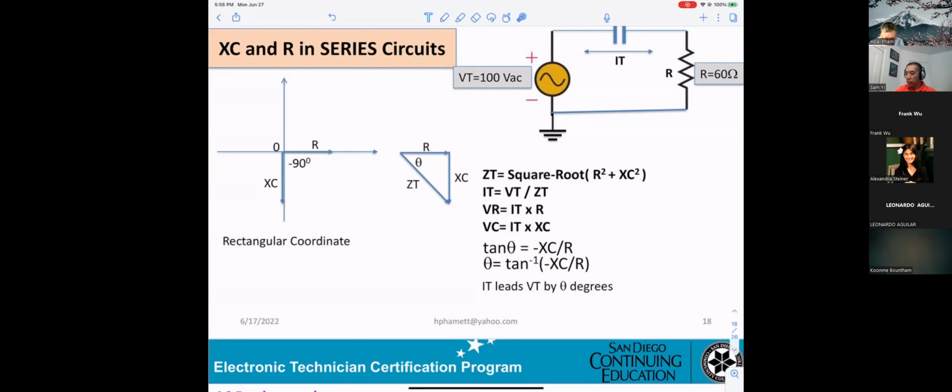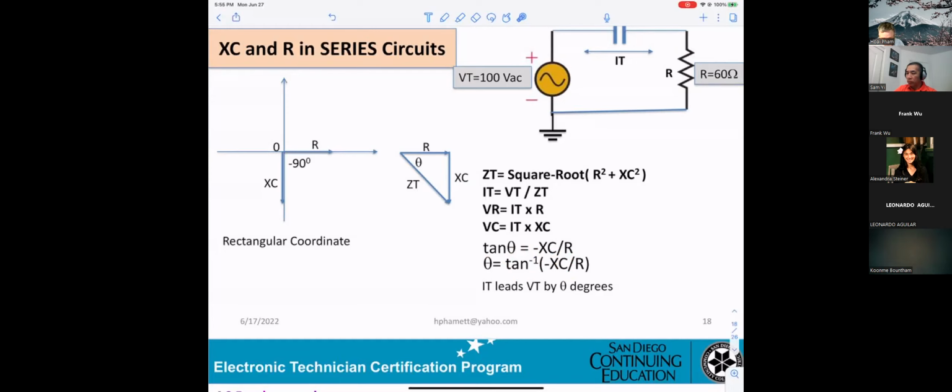It gives you the degrees. Basically, that is the phase angle difference between what? In an RC circuit, we know IR and VR are in phase.